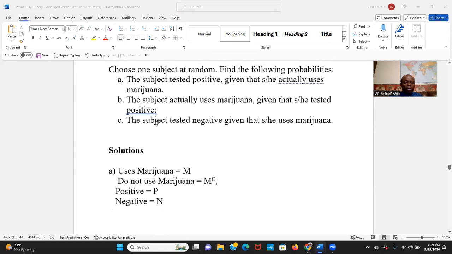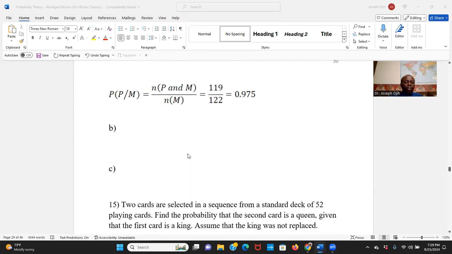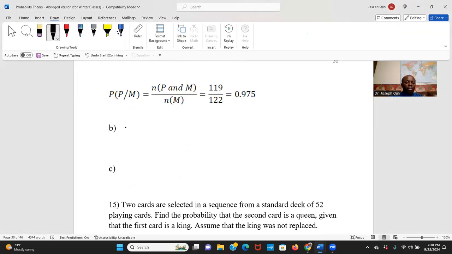So the subject uses marijuana, which is M, given that they tested positive, equals, let me erase this to make it more clear.